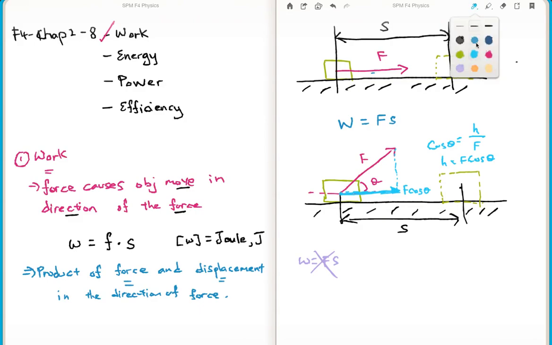Therefore, this equation would be W, work done, is equal to F cos theta times S, displacement in meters. So this is what it means. Or we rearrange it, it is actually Fs cos theta in terms of magnitude, and you get the unit in joule.